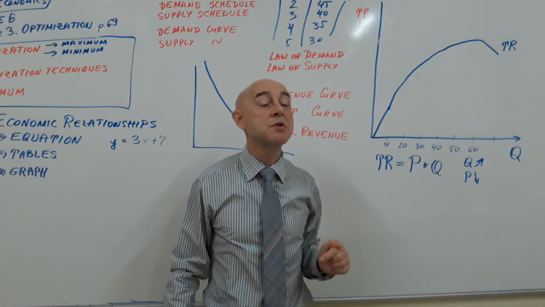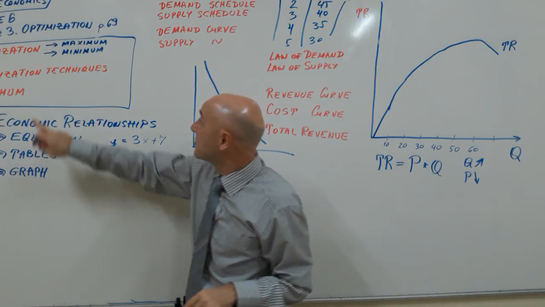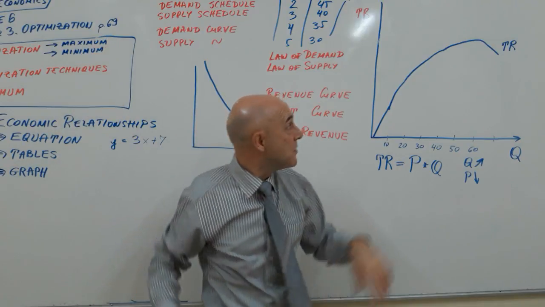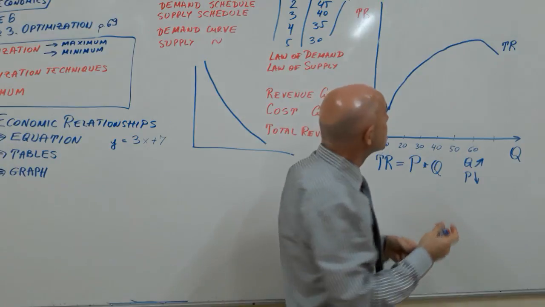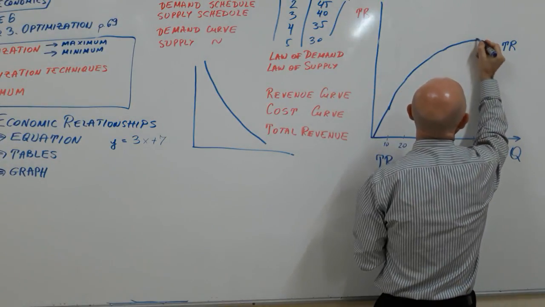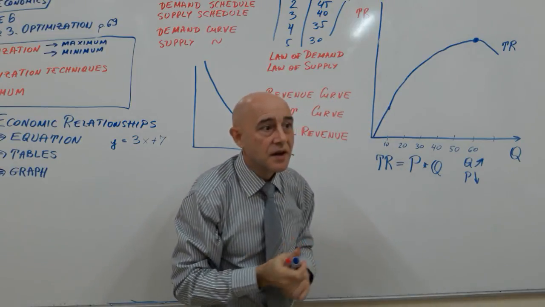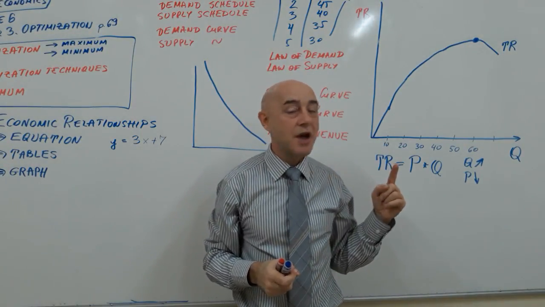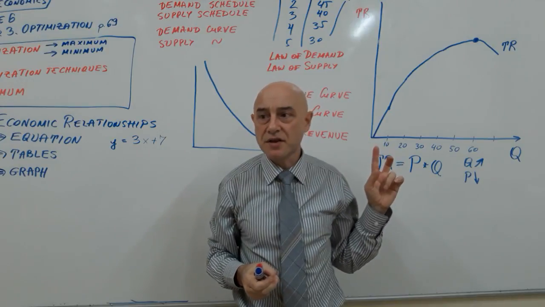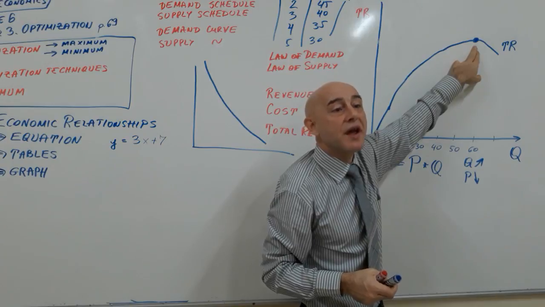Well, what is the optimum revenue? If you try to think, optimum could mean maximum or minimum. In this case, it means maximum. So the optimum revenue is here. Now, this optimum revenue, I gotta repeat a couple of times to make sure that students never get confused, only maximizes revenue.